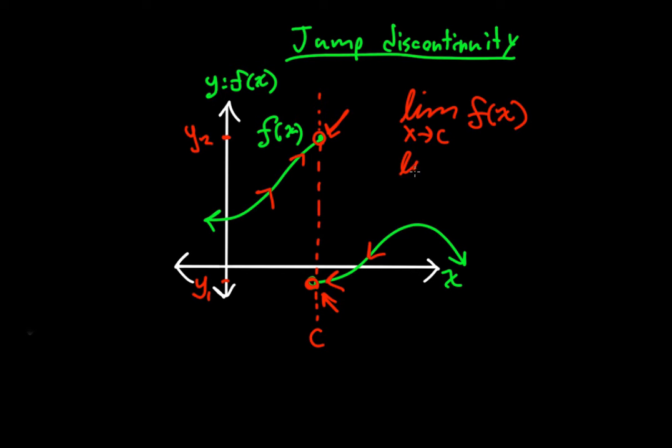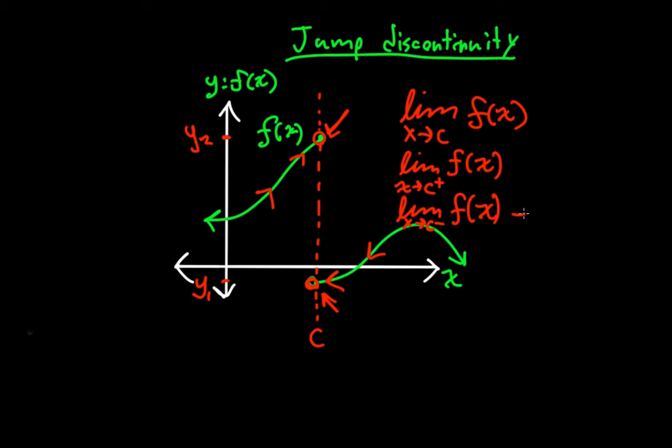We're going to say the limit of f of x as x goes to c, but now we're going to put a little plus sign up here, as if it was an exponent. So the limit as x goes to c positive of f of x, and we're going to have the limit as x goes to c negative of f of x.